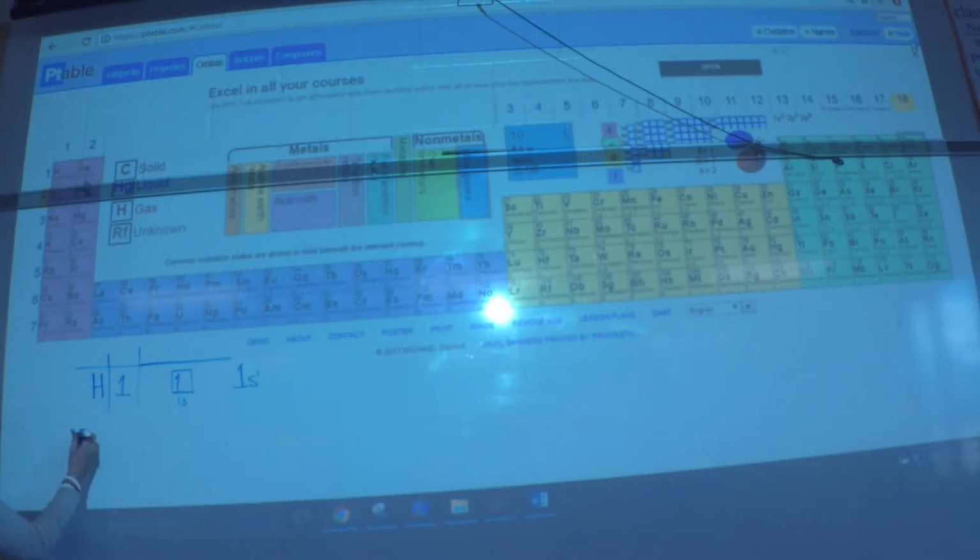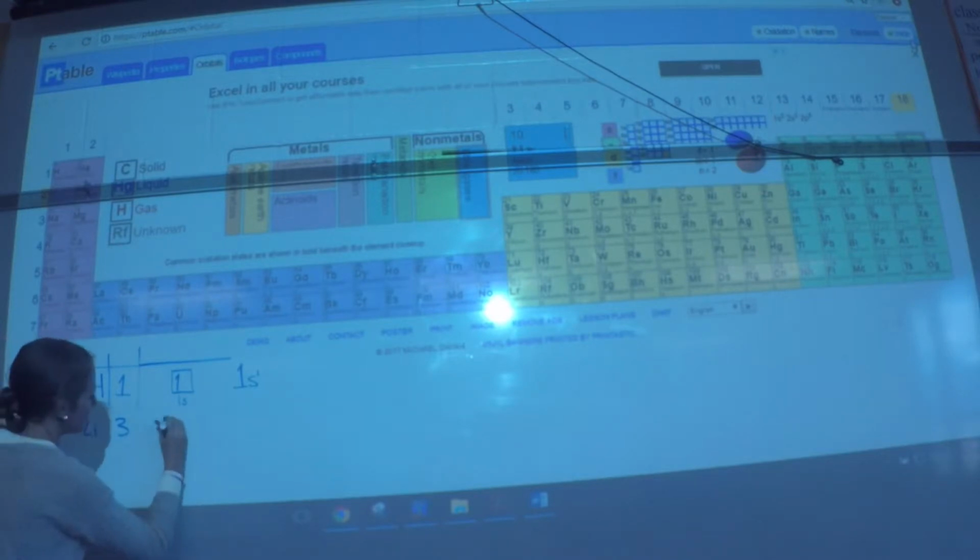So let's do lithium. Okay, how many electrons does lithium have? 3. Okay, notice, you always start in the first room every single time. So where's the first place we start? 1s. Okay, so draw a box, label it 1s.